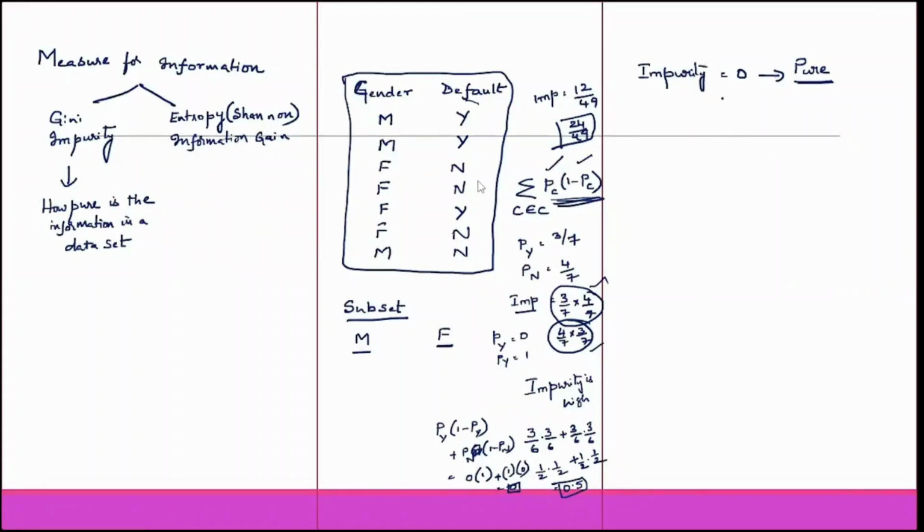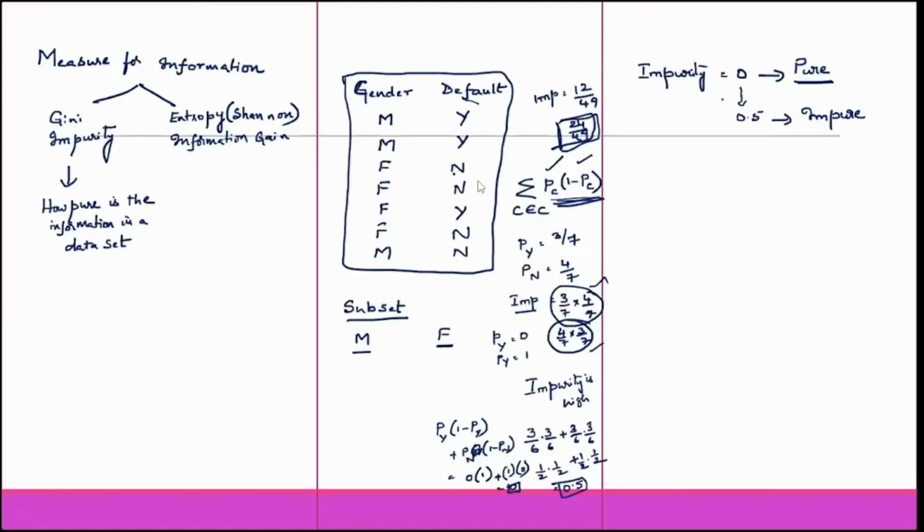But when the impurity is increasing and goes up to 0.5, we are seeing that the impurity is very high. Now, coming back to this example, we have 24 by 49 as the impurity, which is almost close to 0.5.